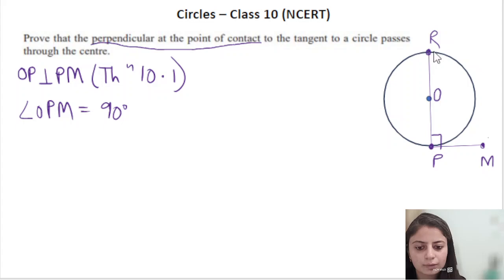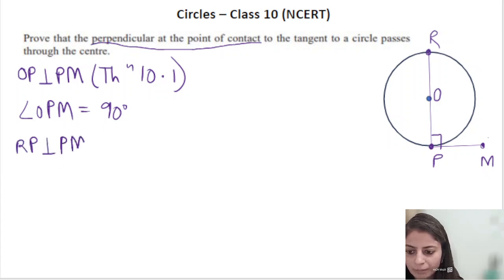Also, since this is a perpendicular line, RP is perpendicular to PM, so angle RPM is also 90, right? Since RP is perpendicular to PM, this implies angle RPM is also 90.